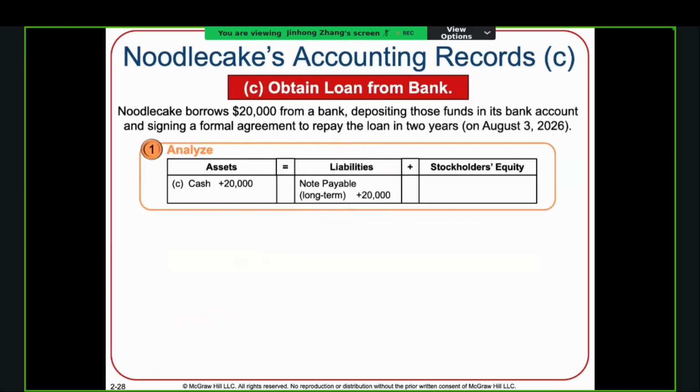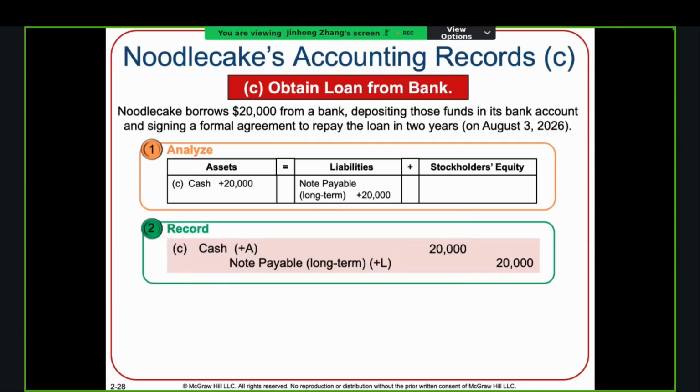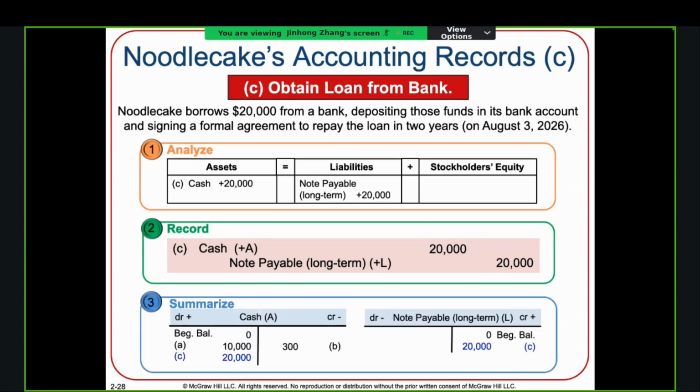So, obtain a loan. This is most important. As long as you understand this, this is basically how in accounting language you write the journal entry. An increase in cash is a debit, and an increase in notes payable is a credit. Format-wise, you write it this way, and then you summarize it into the T account.